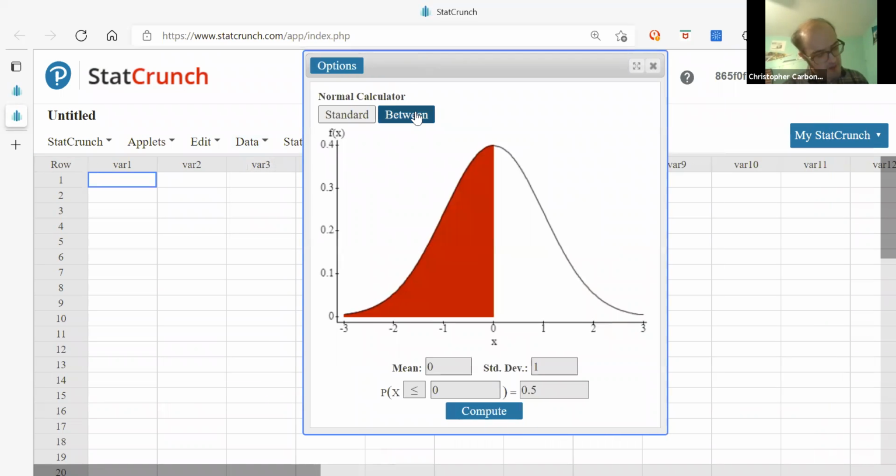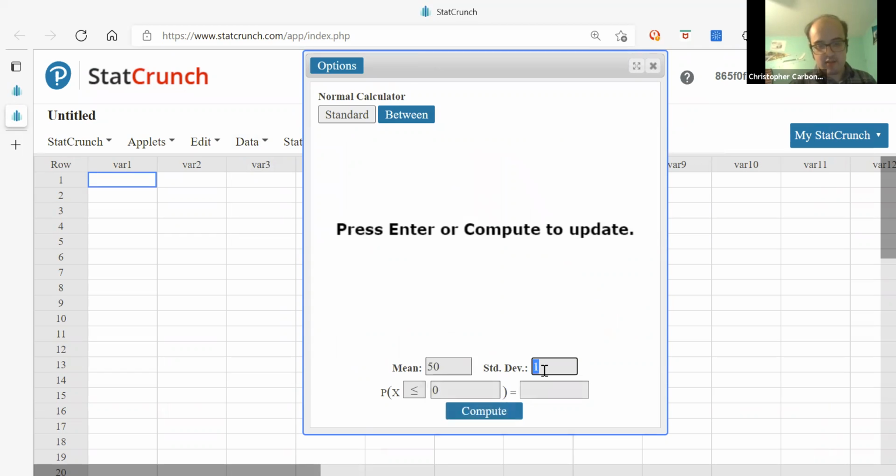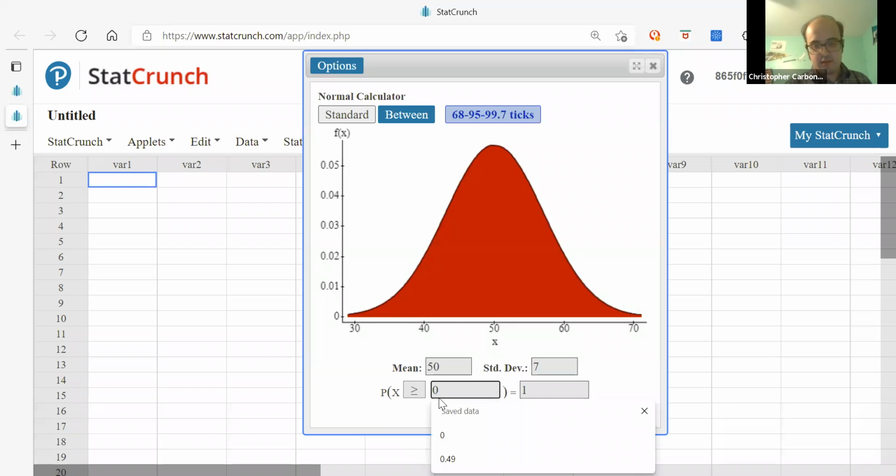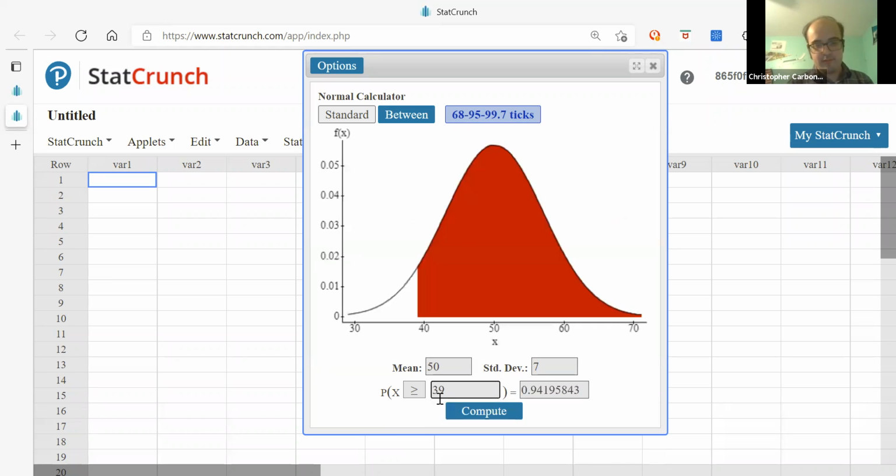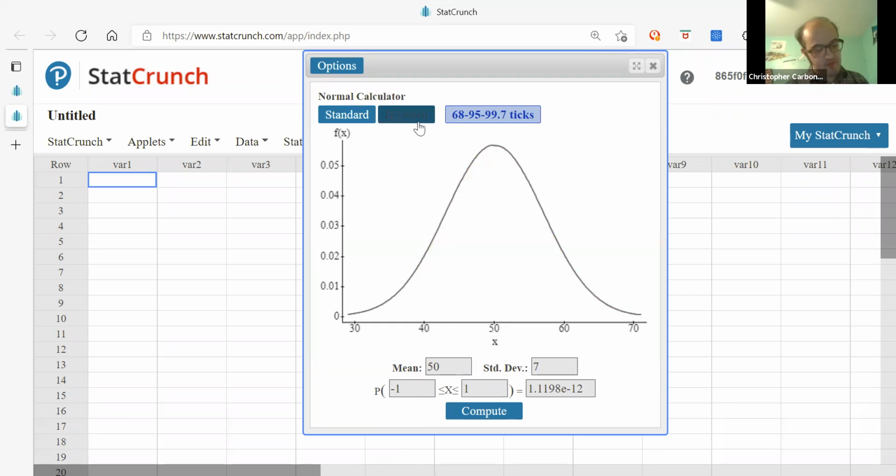For part A, this had a mean of 50, standard deviation of, in our case, 7. We want the probability of greater than 39. And according to this, that's 0.94196 in this case.